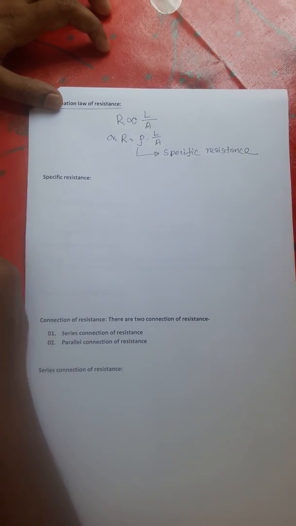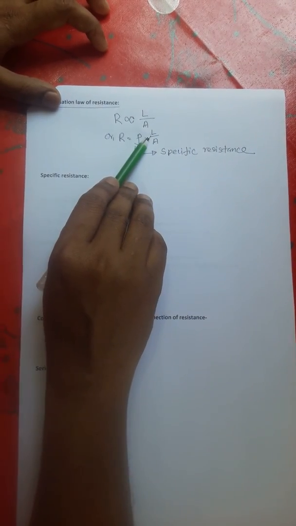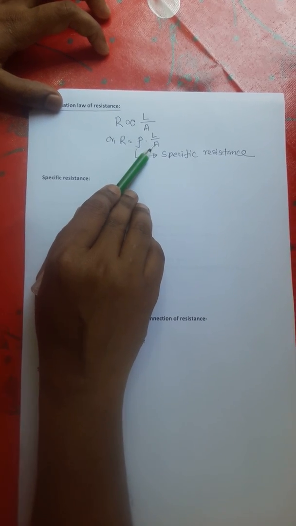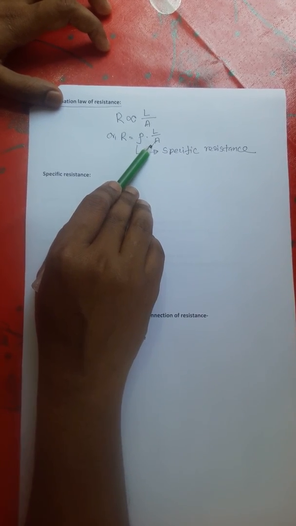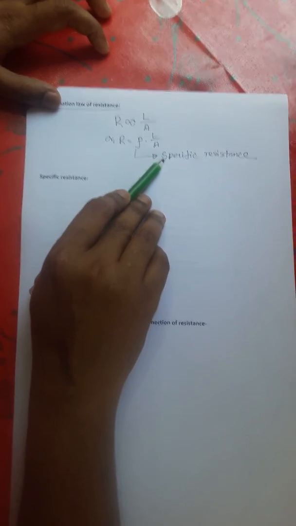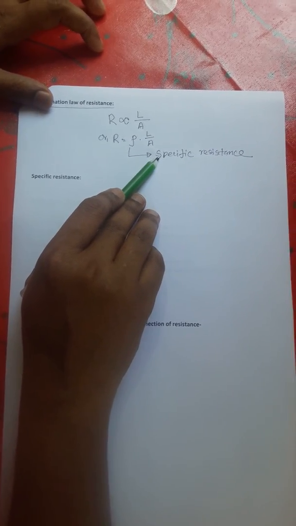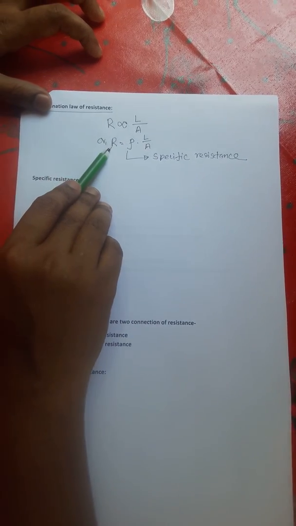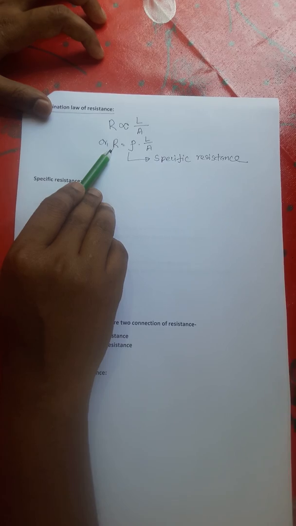So in short, you can say that here L is the length of the conductor or resistor, A is the area of cross section, rho is called specific resistance. This specific resistance depends on the material or medium of the conductor, and here R is the resistance.